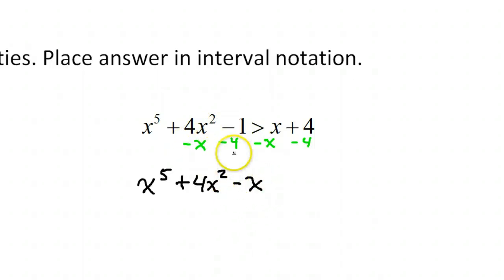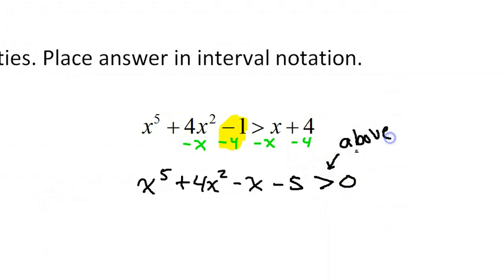Now these two are like terms, so I'm going to put these together. And together, those make -5. And then this will be greater than 0. When I see this greater than, I'm thinking above 0. It'll be above the x-axis.